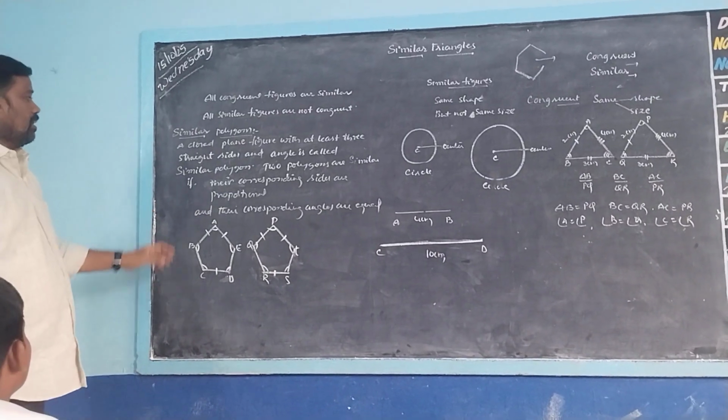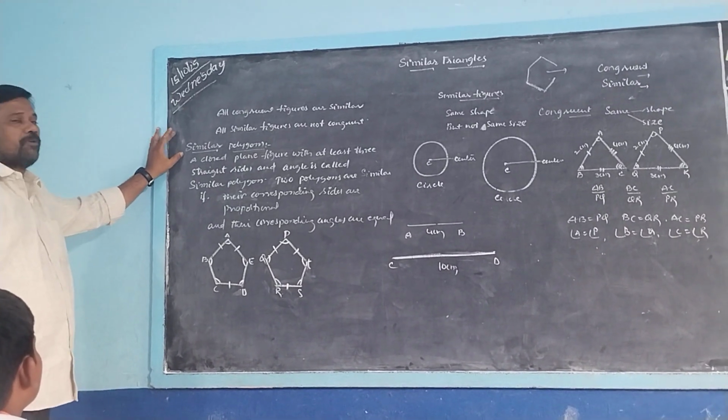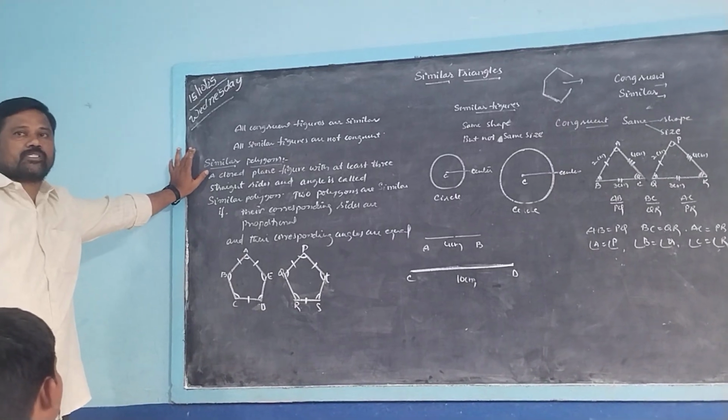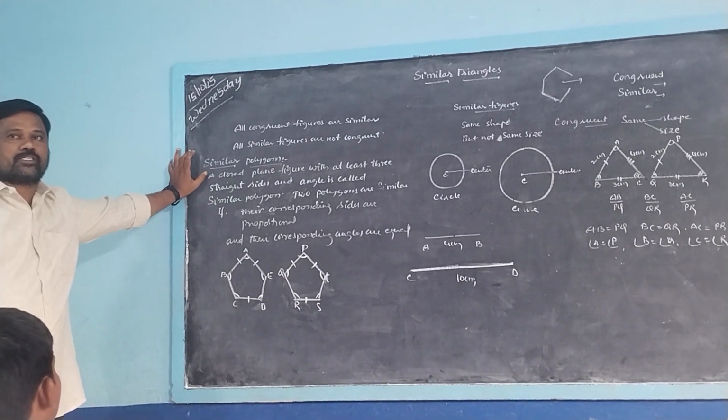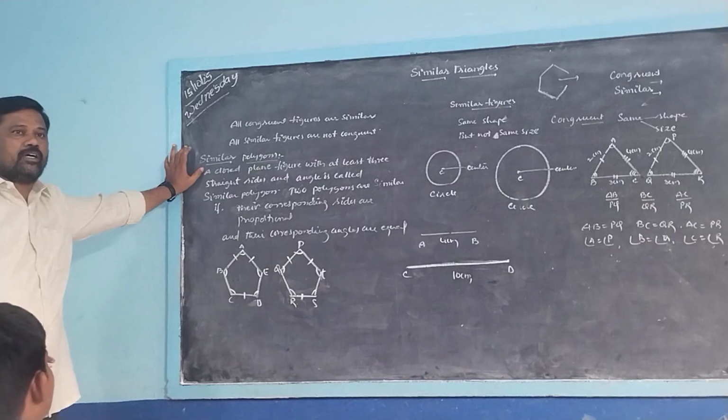Next, another thing is similar polygons. Poly means many, gons means sides.